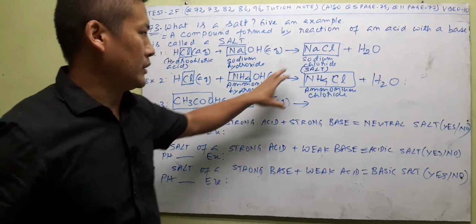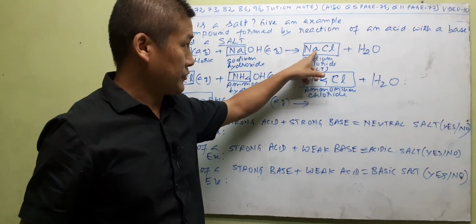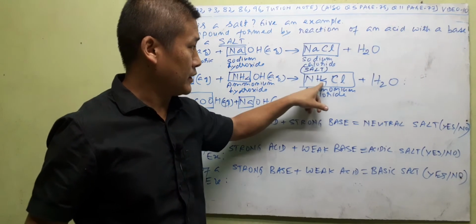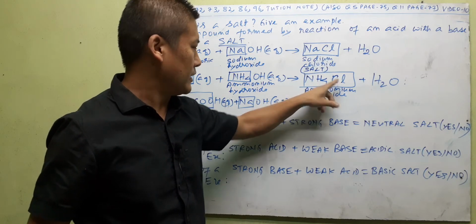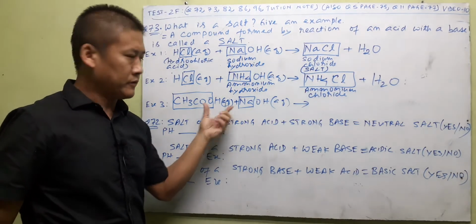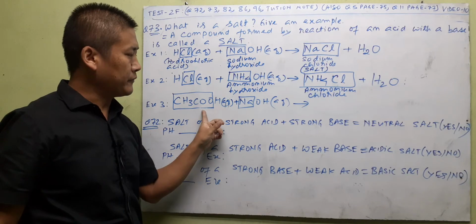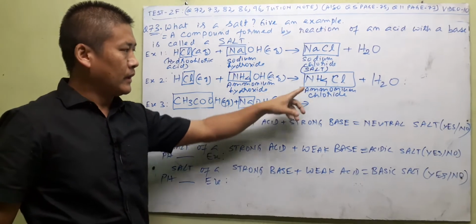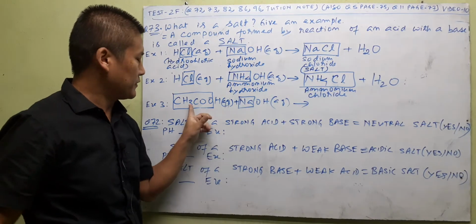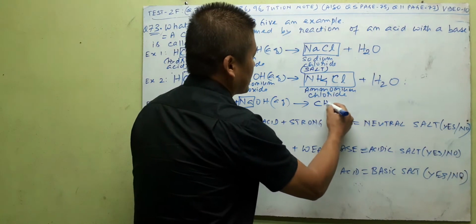Now normally in the majority of compounds, the positive part is written first, like Na+ Cl-, NH4+ Cl-. But compounds having the acetate radical usually have the opposite way. Instead of positive first, the negative comes first. So this is an exception.